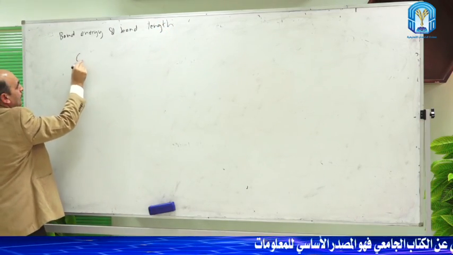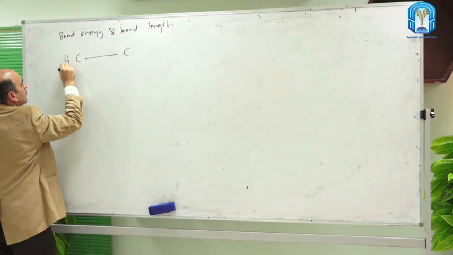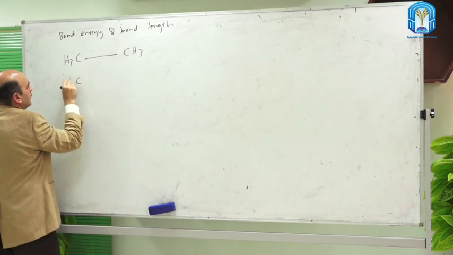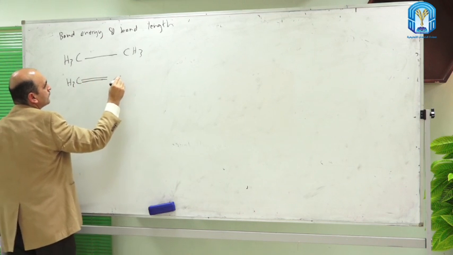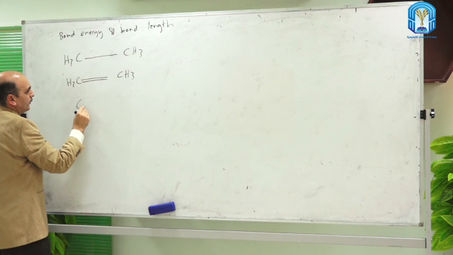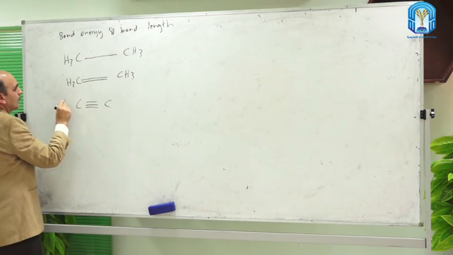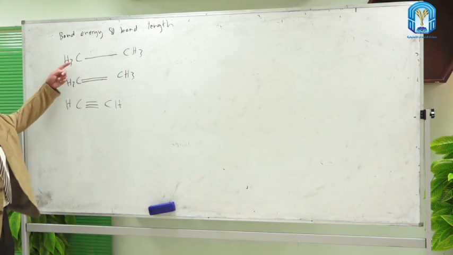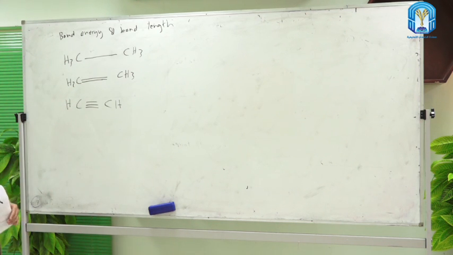If we have a carbon-carbon single bond, and a carbon-carbon double bond, and a carbon-carbon triple bond, as you see, the single bond is longer than the double bond, and the double bond is longer than the triple bond.